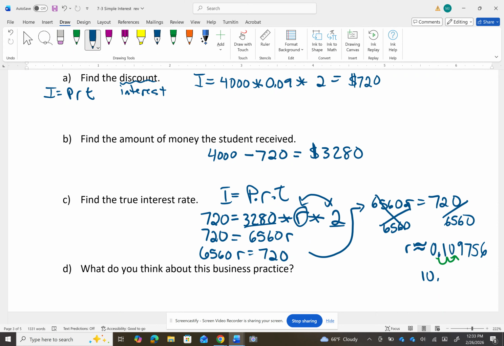I'm typing it in one more time, making sure I typed in the right thing: 720 divided by 6,560. Yeah, so it's 0.10975 and so on. If I round it to here, that's going to be 10.98%. So almost an 11% interest rate is really what that loan was.